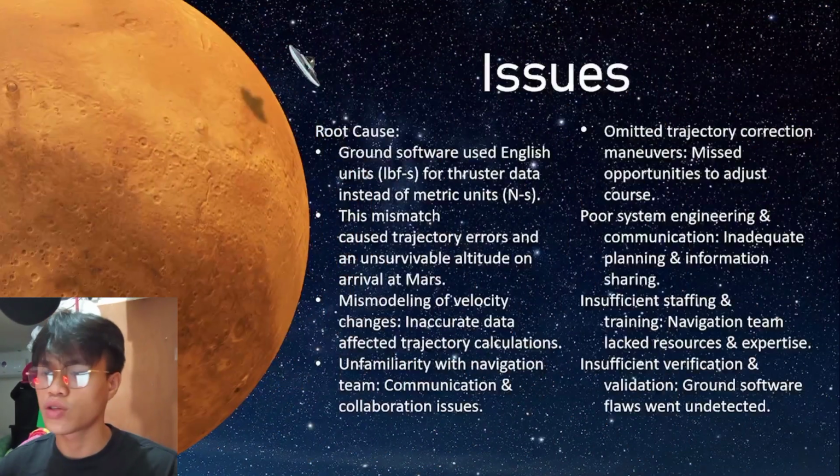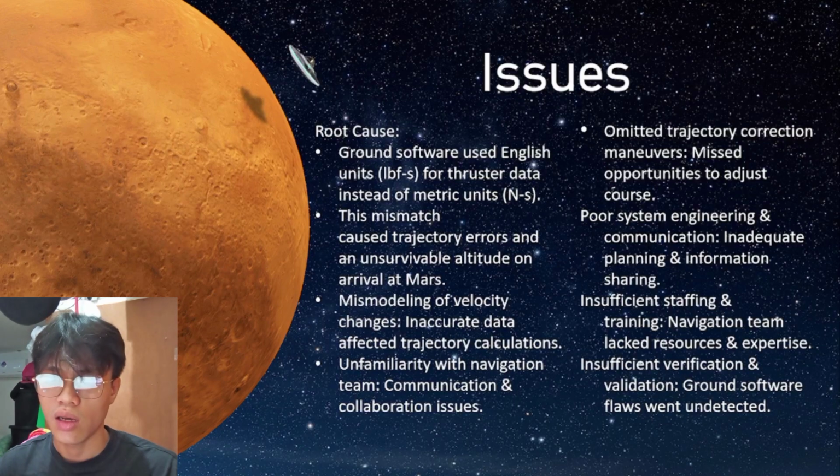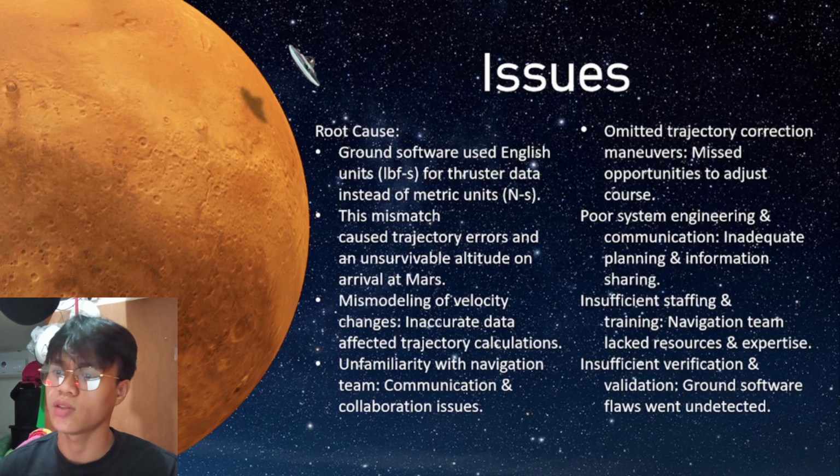So, what are the issues of this incident? A crucial unit conversion problem caused the disastrous trajectory mistakes that resulted in an uninhabitable or unsurvivable altitude on Mars, because of a discrepancy between Newton seconds used in the spacecraft software and the pound seconds used in the ground software.